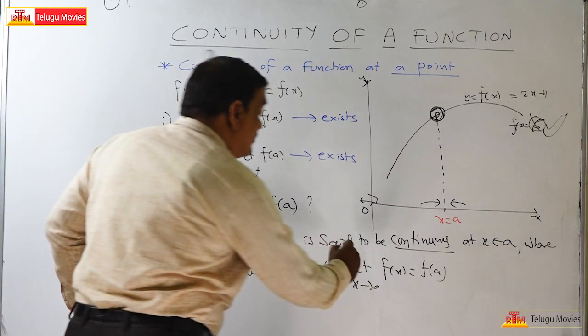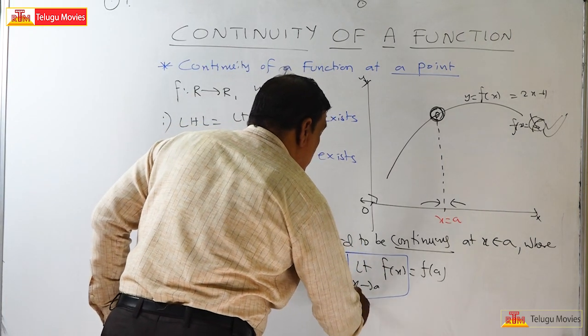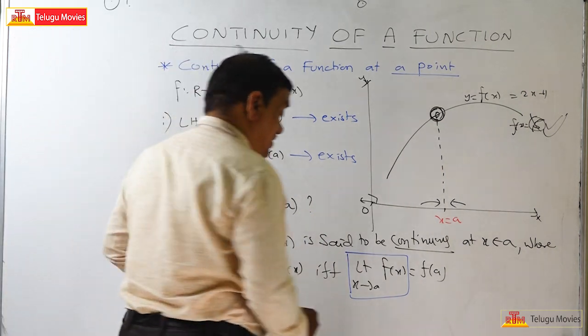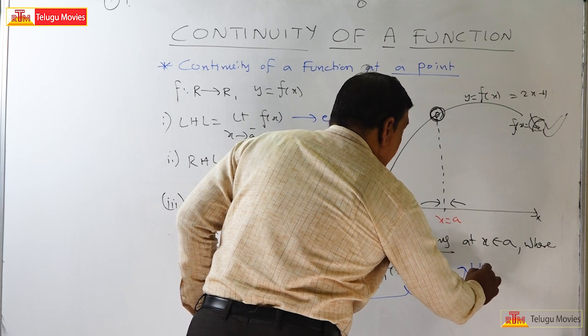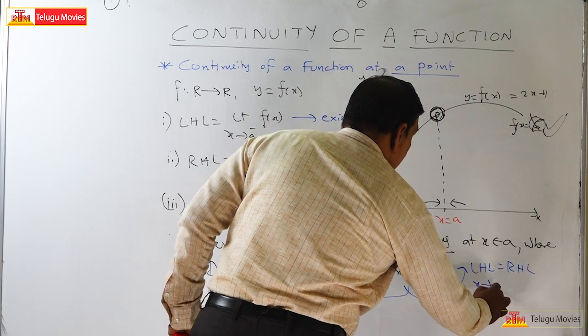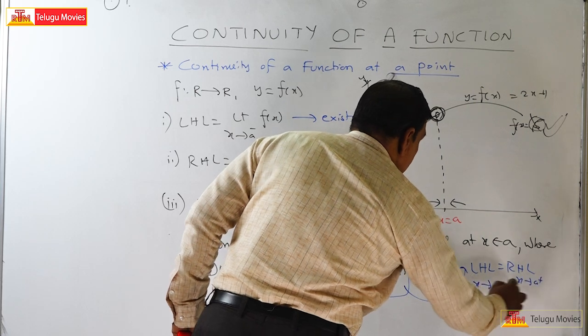What is the meaning of this? The limit as x tends to a of f of x exists when the left hand side limit is equal to the right hand side limit, when x tends to a plus and a minus.